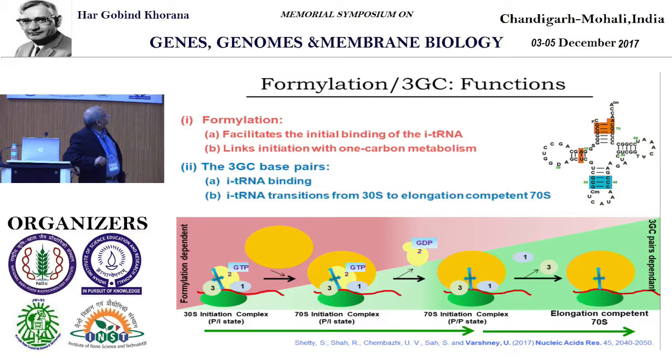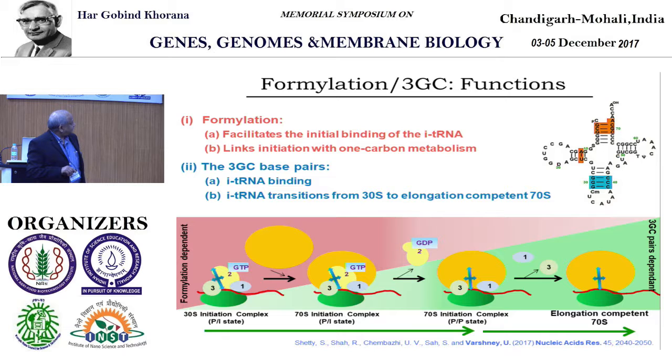The other thing that we've been learning about is the role of the 3 GC base pairs. One of the things that the 3 GC base pair does is as follows. When the initiator tRNA binds to 30S, it is not really binding in the P/P state. It is binding in a P/I state. And for it to go from the P/I state to the P/P state, it can actually fall off the ribosome.